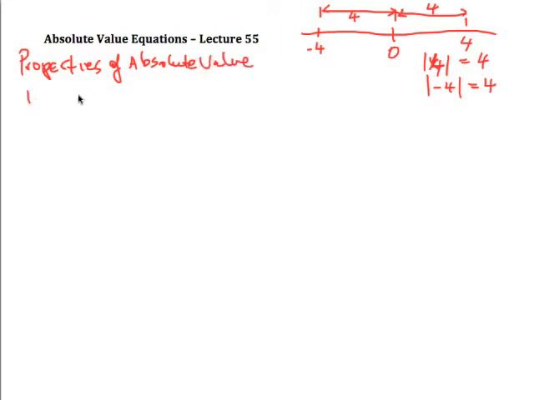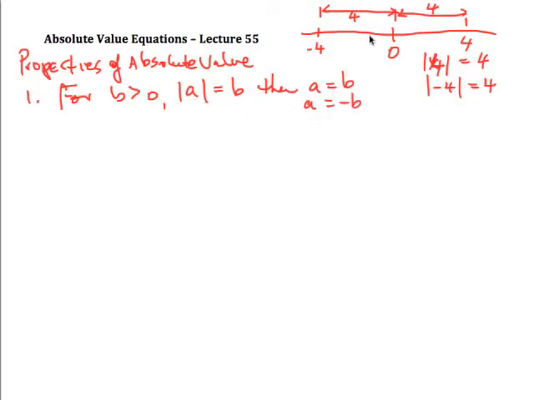So the first thing is, for a number b being a positive number, if I have the absolute value of a number a being equal to b, then we have two situations occur. Either a is equal to b or a is equal to negative b.